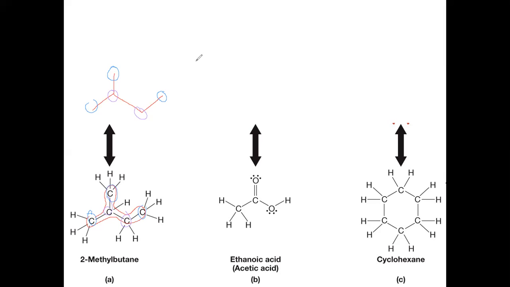So now, when I do something a bit larger, right? When I start doing something like this next one, ethanoic acid, we do the same thing for our carbons. But when we have heteroatoms, a heteroatom is anything that's not carbon or hydrogen, we explicitly write them out.